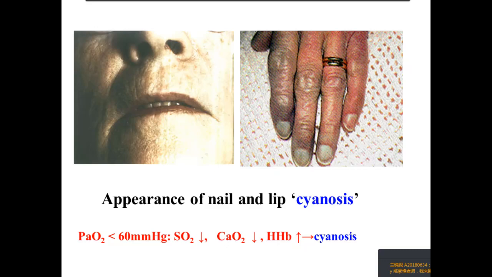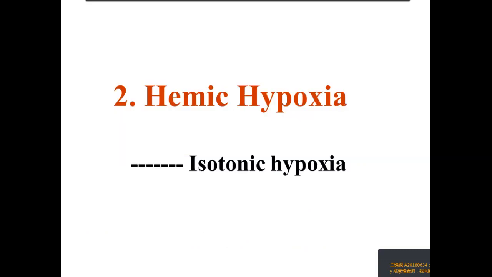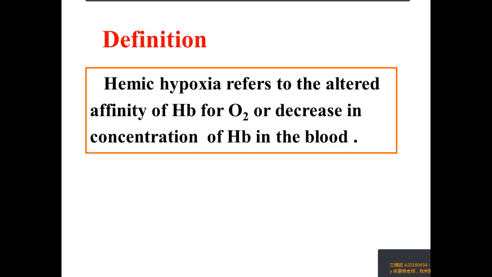Now the second, hemic hypoxia. It is also called isotonic hypoxia. Why is it called isotonic hypoxia? We know the partial pressure of oxygen is increased, decreased, or normal? Normal. So it is called isotonic hypoxia. The definition: hemic hypoxia refers to altered affinity of hemoglobin for oxygen or decrease in concentration of hemoglobin in the blood.